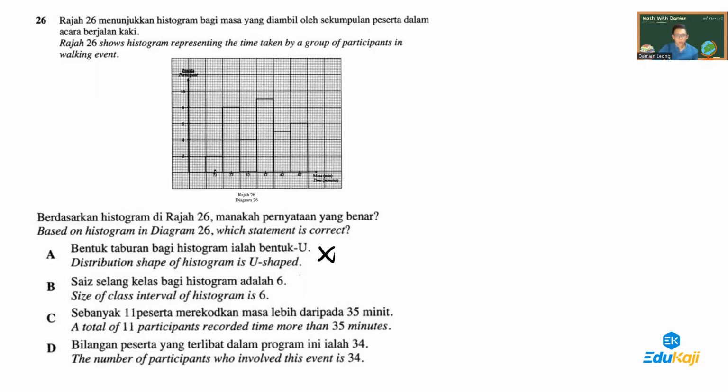The midpoints here are 22 and 27. The class interval is basically the upper boundary minus the lower boundary.